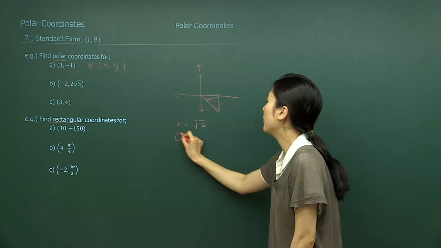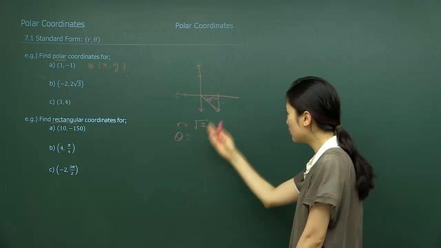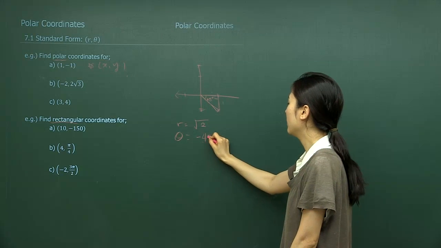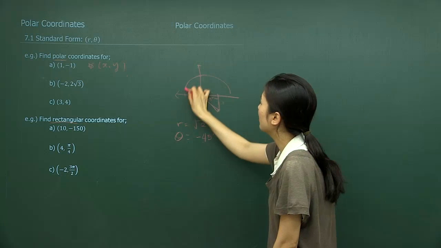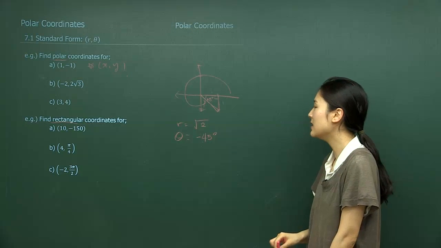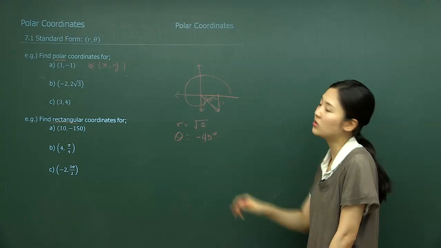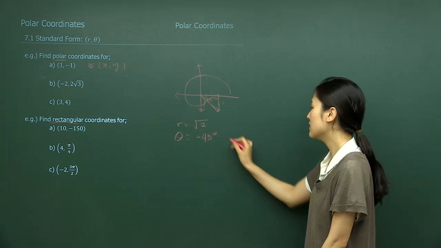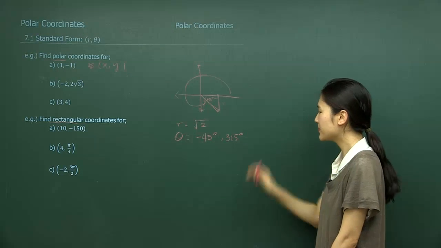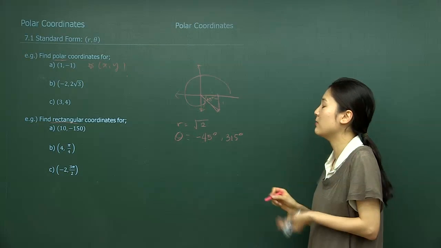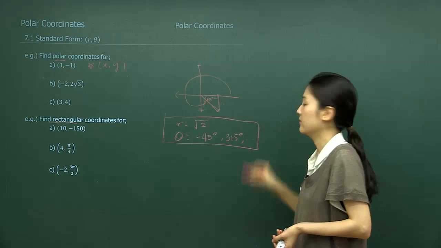But if you are writing it properly, remember if you're measuring it this way, that is basically negative 45. If you are to measure it from here, then you are going all the way around like this, which means it's actually 45 degrees shorter from being 360. So that is technically 315 degrees, right? I mean, there are many other ways we can write this, and more technically.